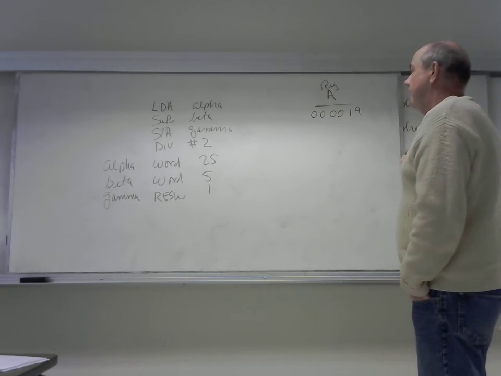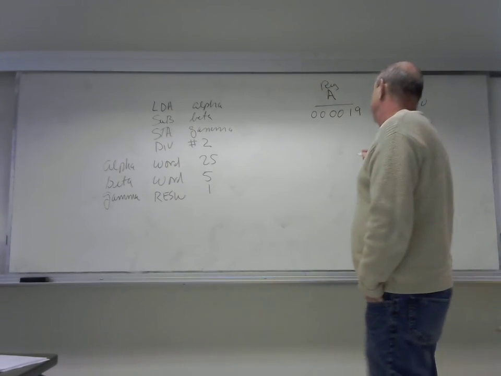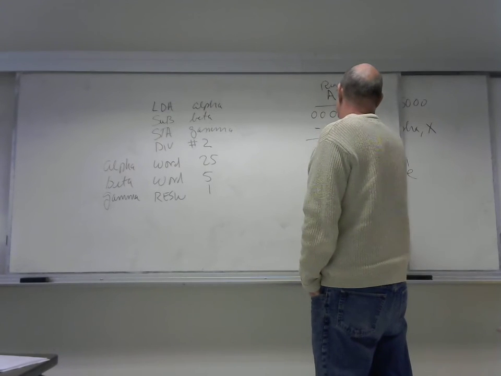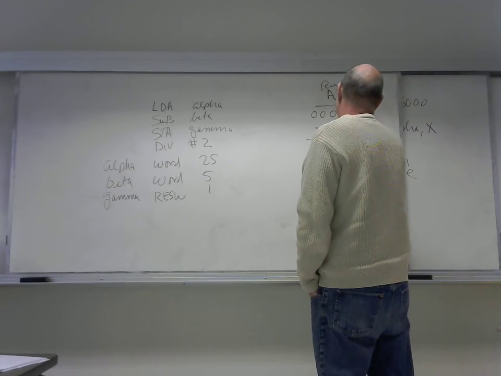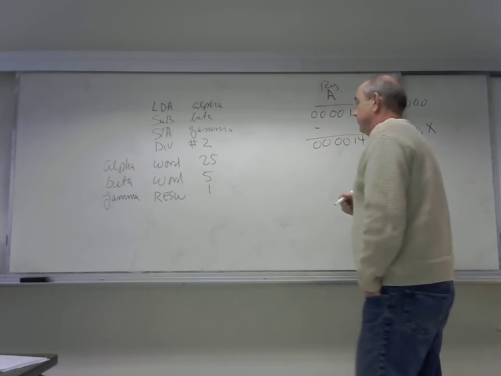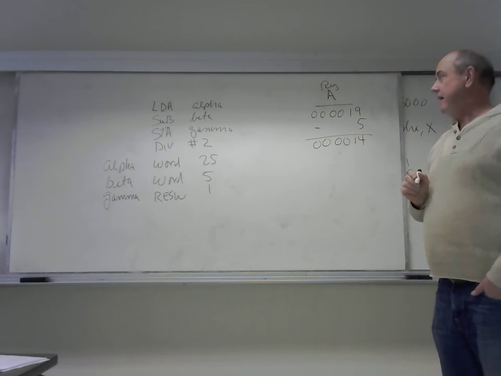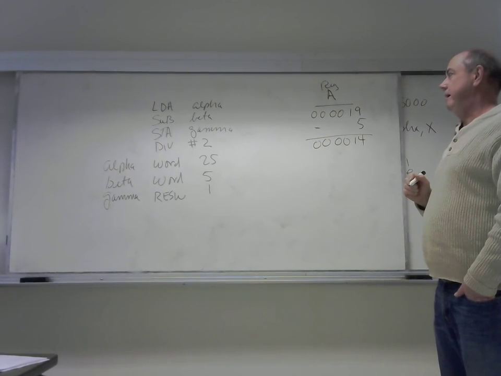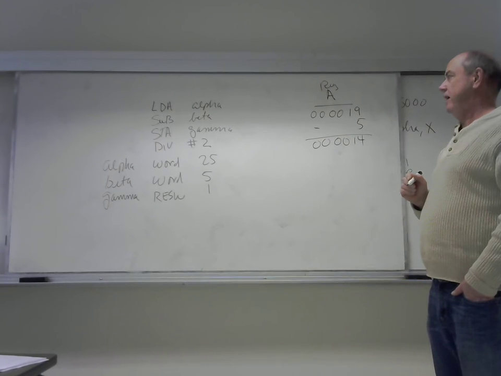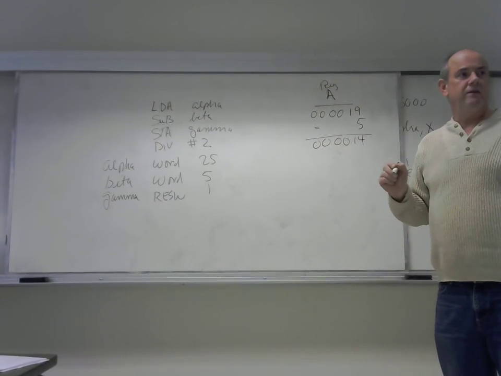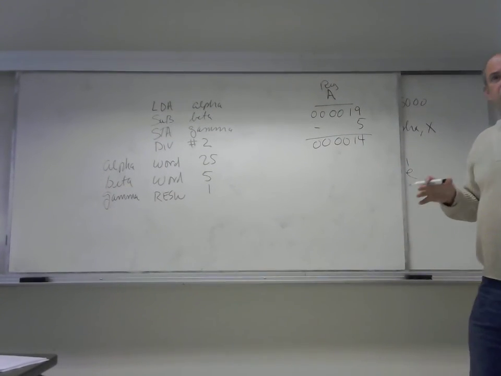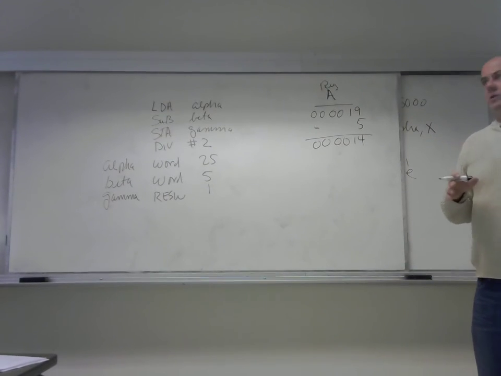Okay. SUB beta. Right, because that's how the instruction works. SUB beta subtracts beta from register A. That's your accumulator. That's where you accumulate expressions that you're working on.